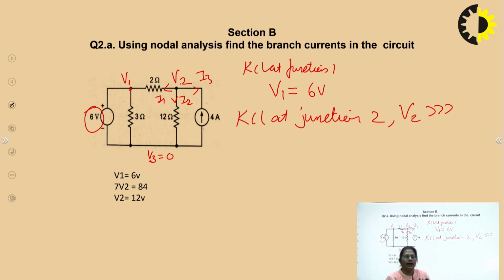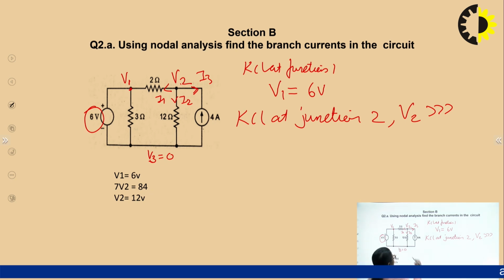I may be proved wrong later on, but if V2 is at the highest potential, then all the currents will move outward from this junction. That's why I have assumed I1, I2, I3 all to be moving outward.